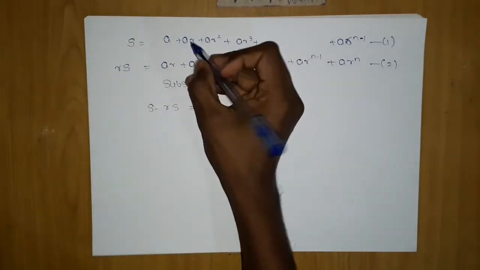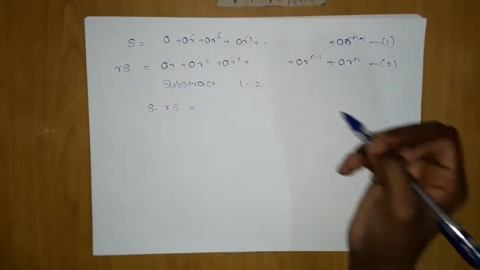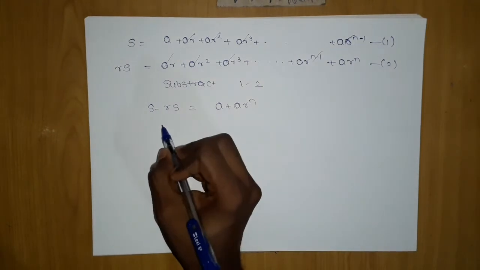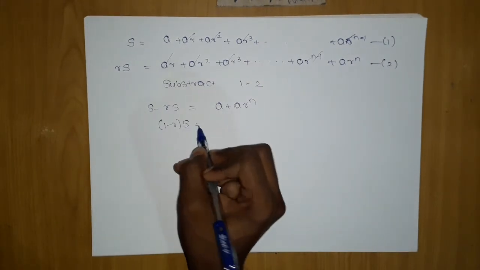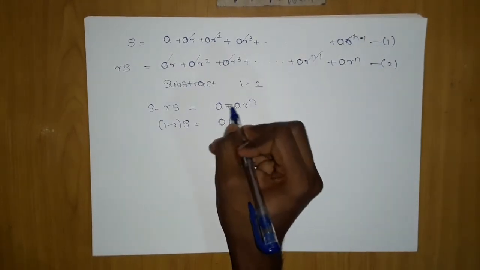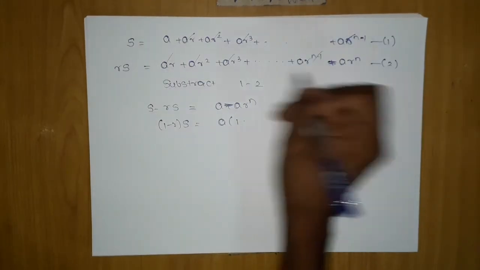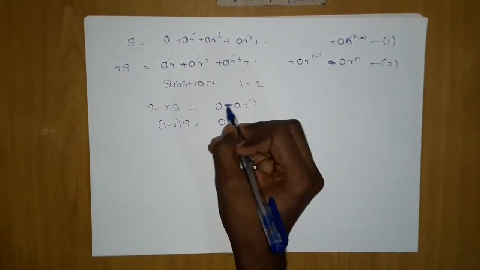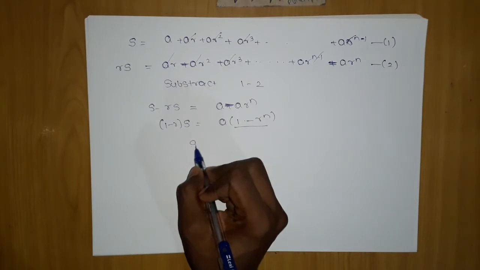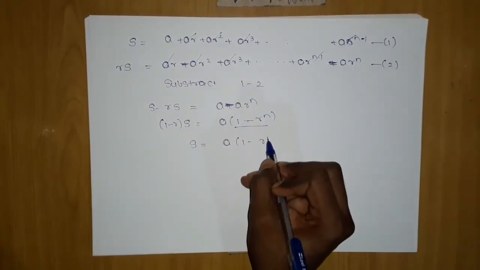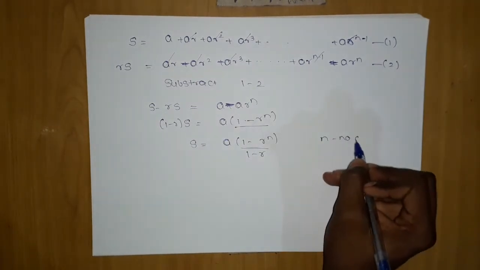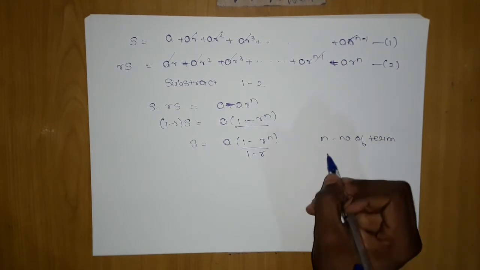Here, if you observe, the middle terms will cancel out, and the terms left are A minus ARN. Now if I take 1 minus R as common on the left, and A common on the right, we have A into 1 minus R to the power n. So we get S equals A into 1 minus R to the power n upon 1 minus R, where n is the number of terms and A is the first term.